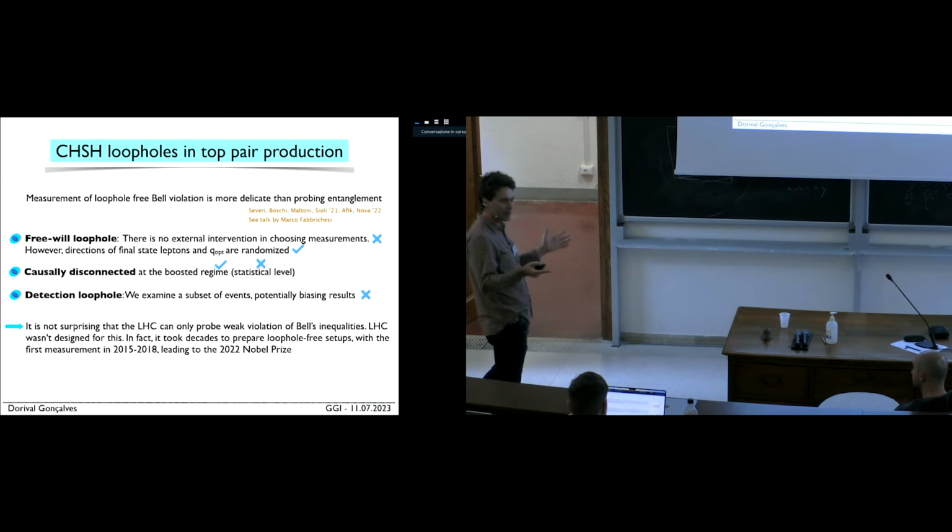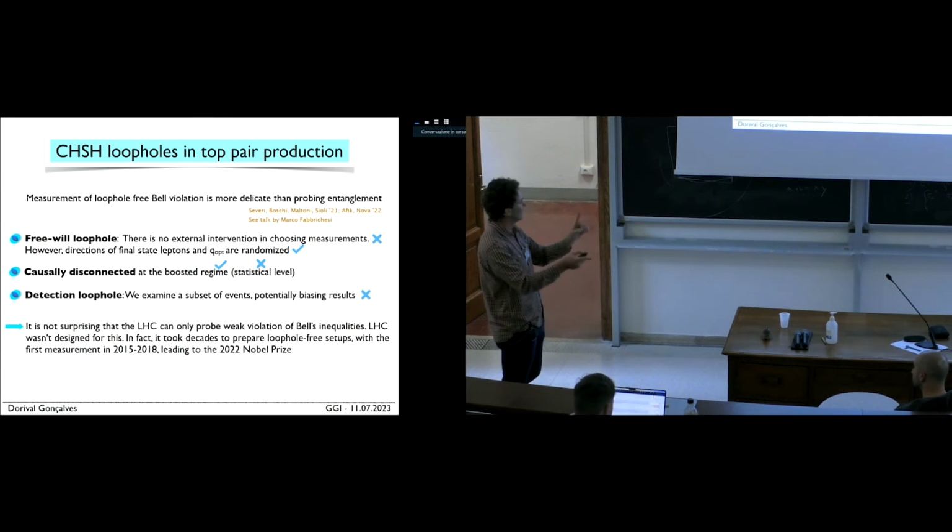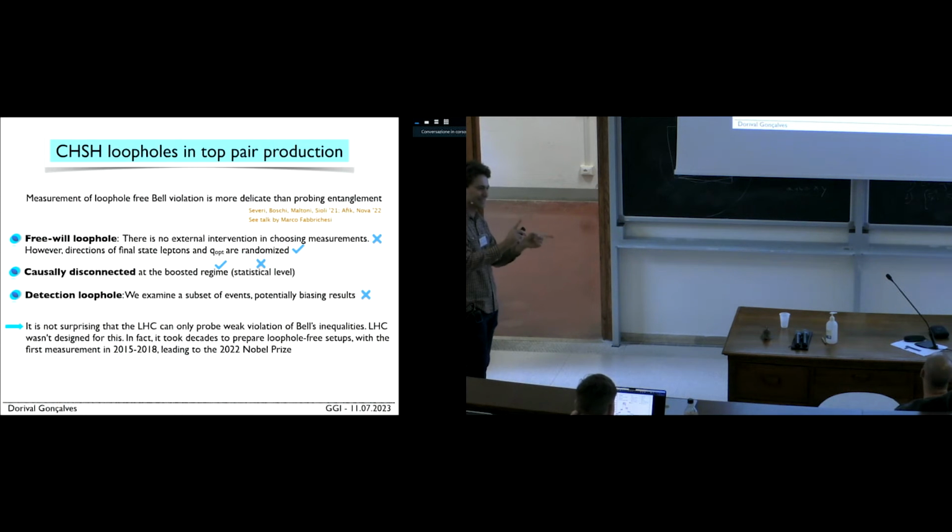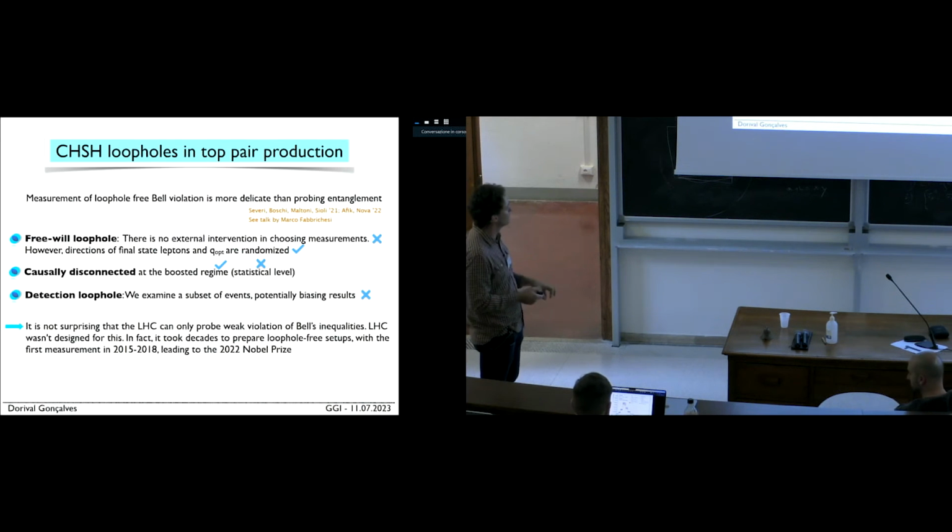One may argue that you can define the directions randomly, but for the top case that is defined within, let's say, a box. We don't have access to that, so we cannot close this loophole. The other one is, are these two tops causally disconnected?